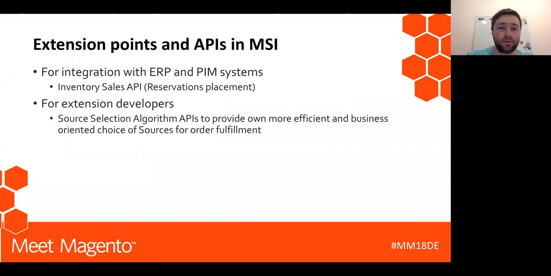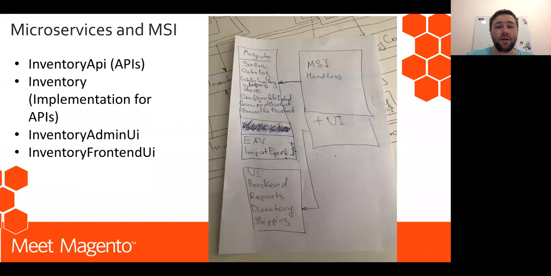Here are the examples of what the extension points on MSI are. And also another very important part to mention, that on MSI we make a differentiation between modules. So we make a segregation between API modules and implementation modules, which contain just the implementation for the APIs, and also we make a segregation between admin UI and front-end UI.